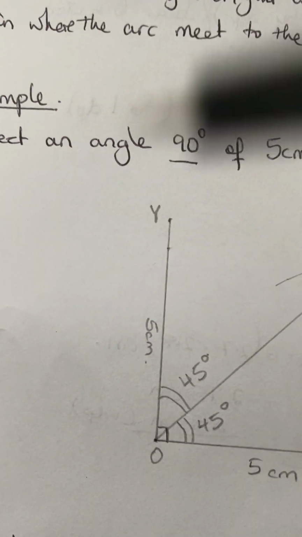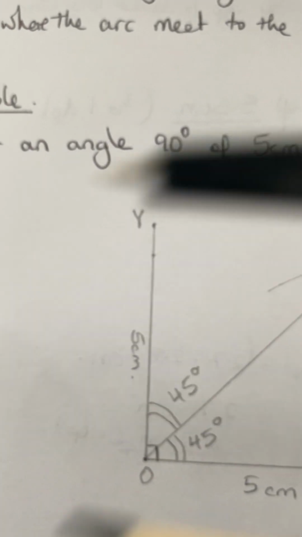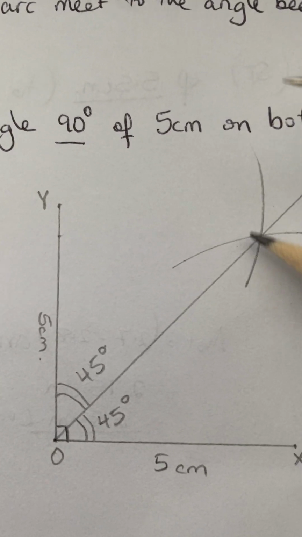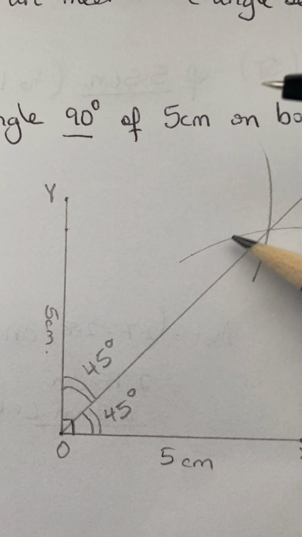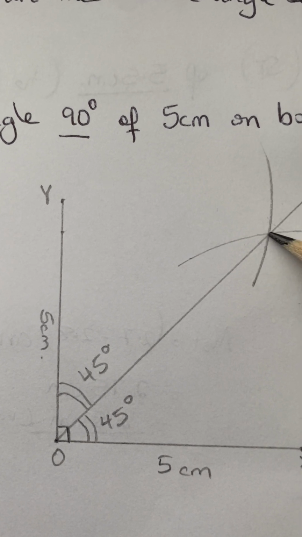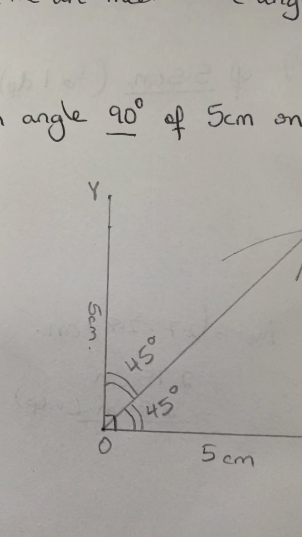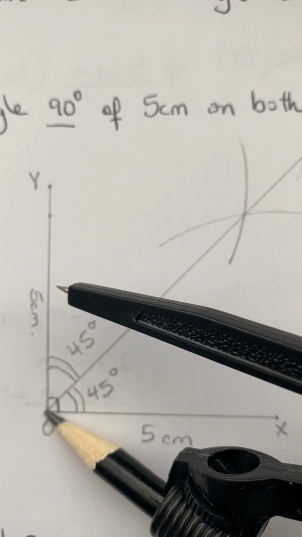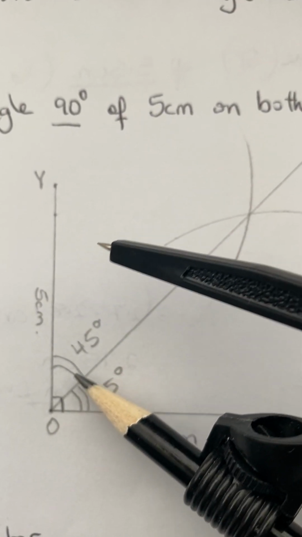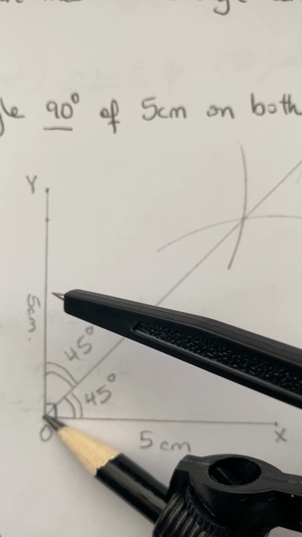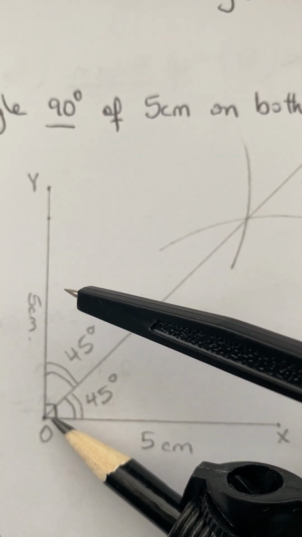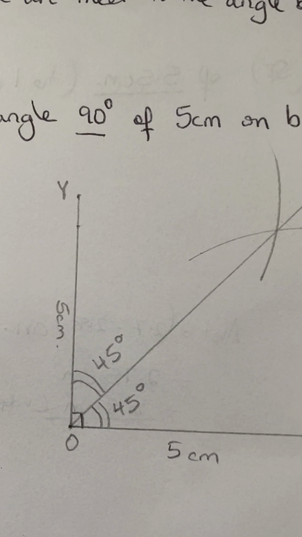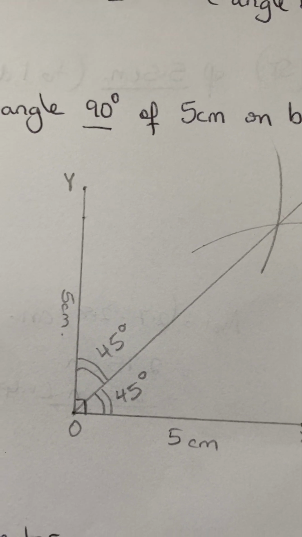Okay, I open it a bit bigger. That is why I have this arc here. These two arcs are going to meet at a point. Where they meet, you draw a line from there, the origin of the angle you are bisecting, to cut through the line. That is how you bisect it, basically.